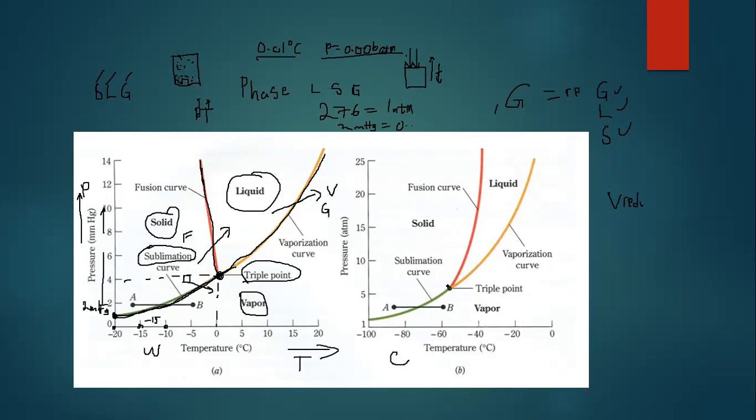And we have even seen the fusion curve. The fusion curve is the one that talks about turning either from solid to liquid or from liquid to solid. It's bent like that because it's actually a positive slope. If you increase pressure, you require only a little temperature or heat to melt it.